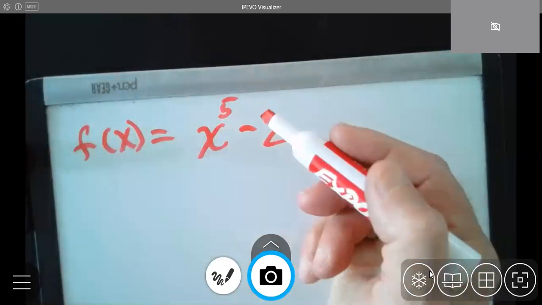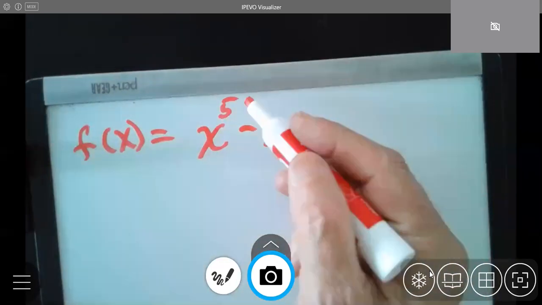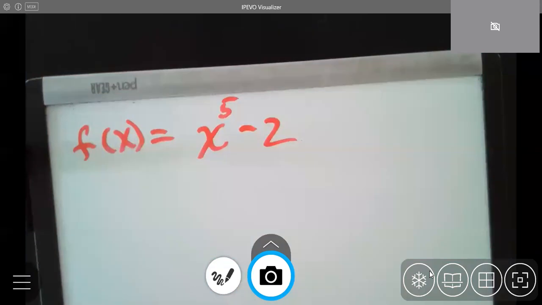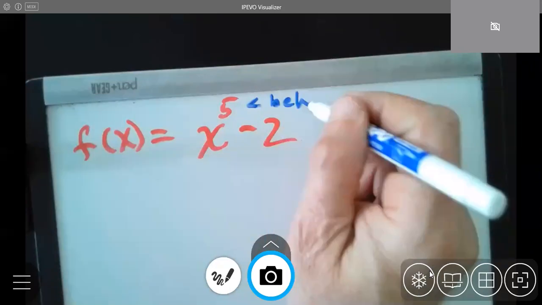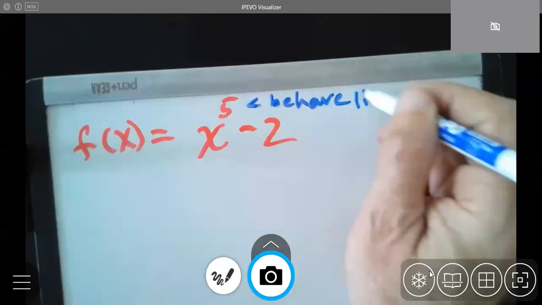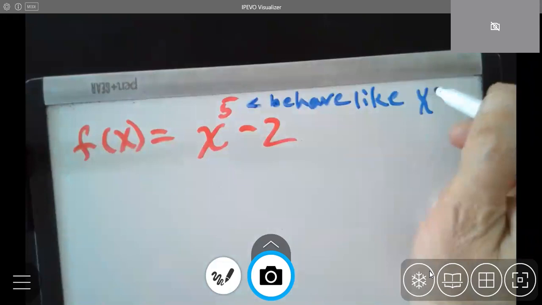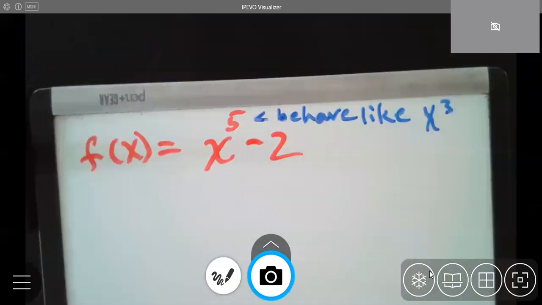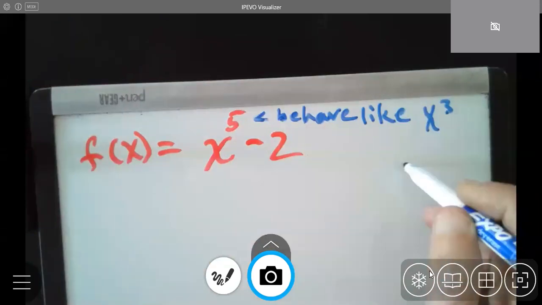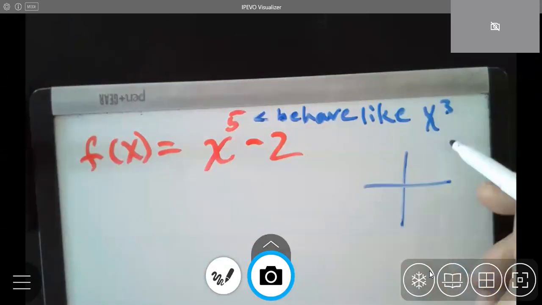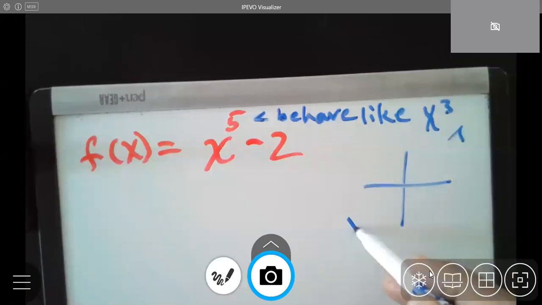If it's odd, it behaves like x cubed. So this x to the 5th makes it behave like x cubed. It's positive, right? So the end behavior is going to be up and to the right and down and to the left. So that's a piece to the puzzle for us.